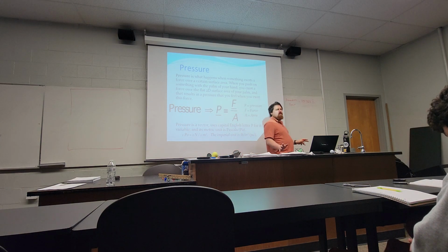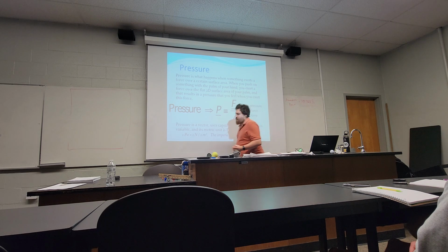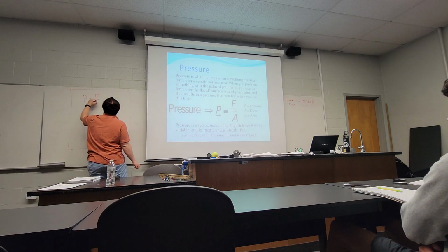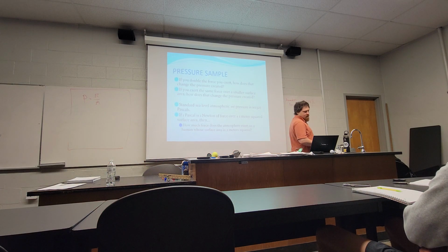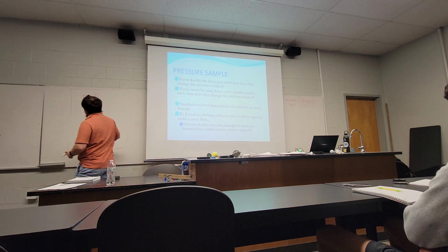How are we feeling so far? Okay. I'm going to write that formula up so you still have it when I tab away from this slide. P equals F over A. And we're going to do some light numerical calculating just to gauge a few things about this particular formula.